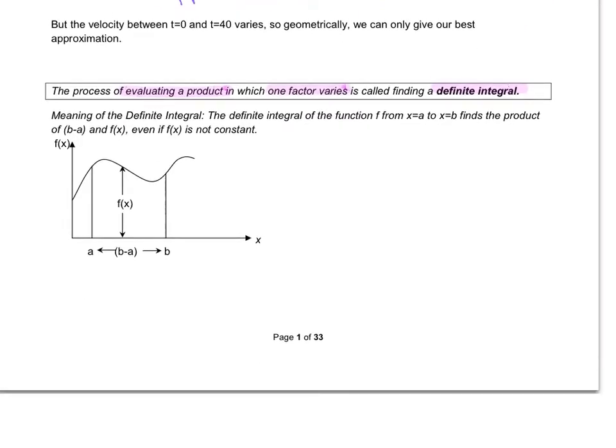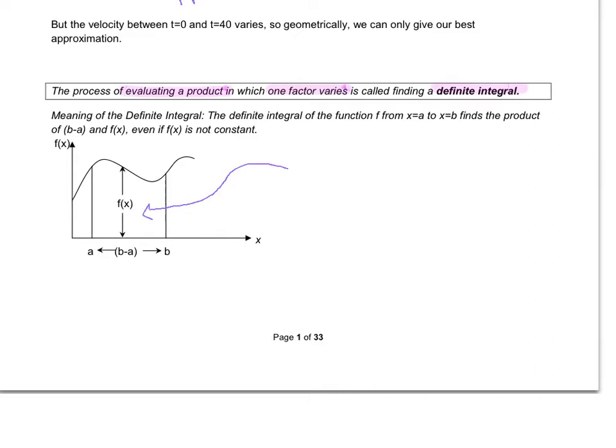If we look at a function in a generic sense of the term, let's say we have a function f of x and our x-axis is just labeled as x. We don't have any units on this one. And if we wanted to find the definite integral of this function from x equals a until x equals b, so this region right in here, you're trying to find the definite integral, which is the product.